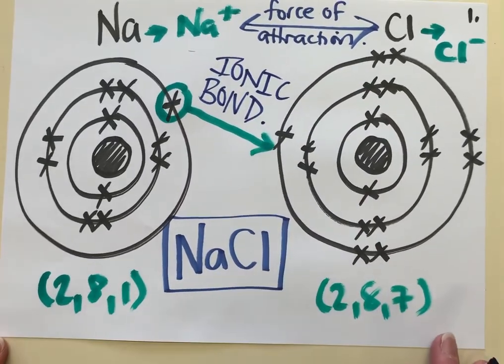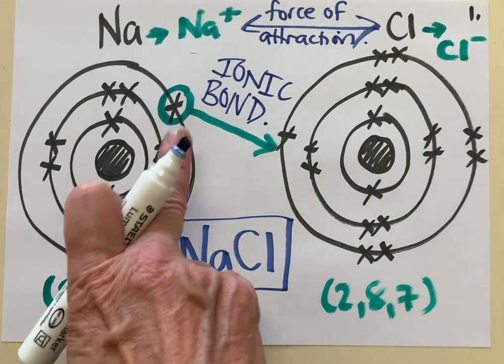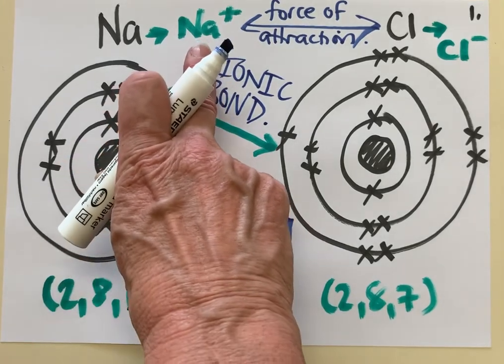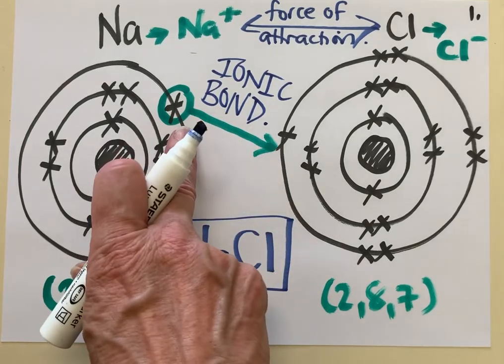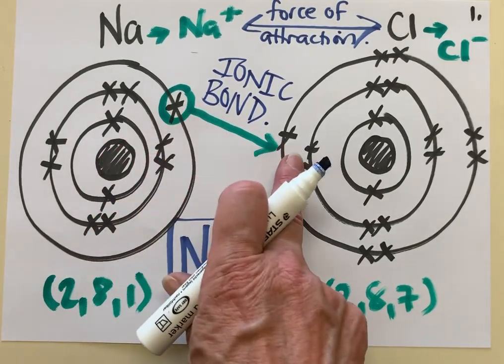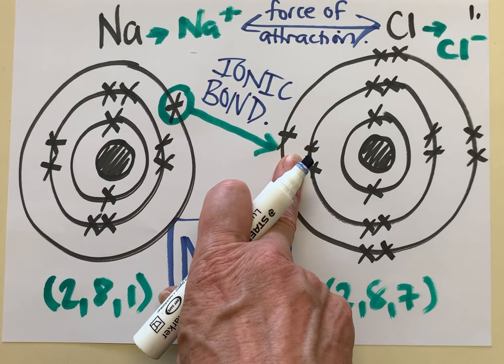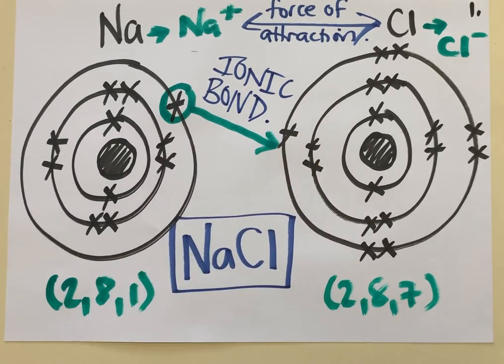So that's what an ionic bond is: the electrostatic attraction between the positive and the negative ion, created when 1 electron is transferred to a different atom. It can be more than 1 electron, up to 3 electrons. So that's an ionic bond.